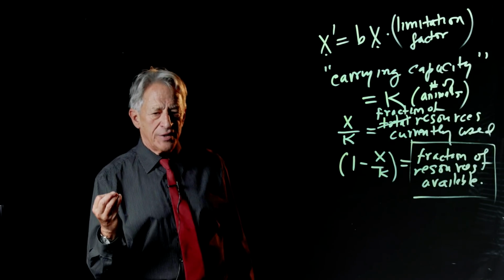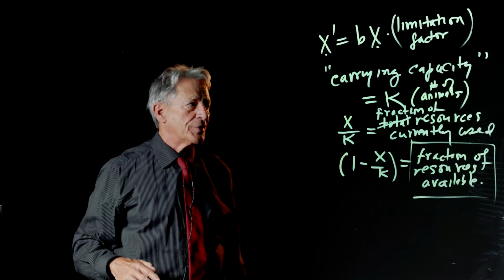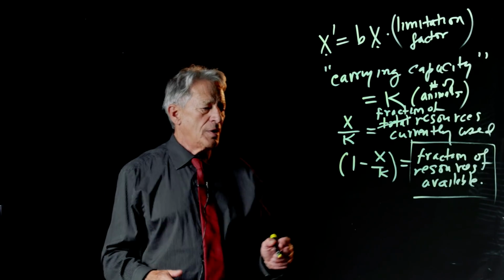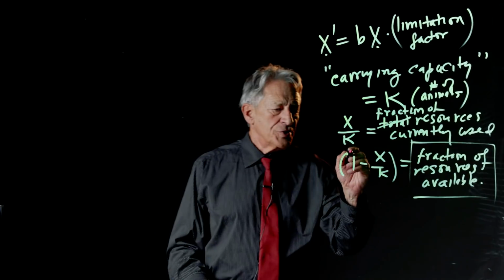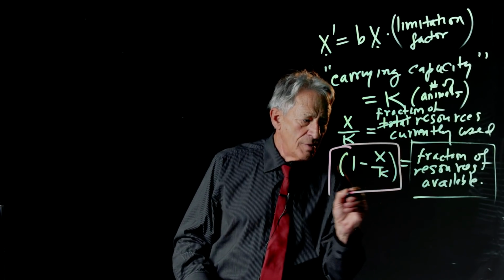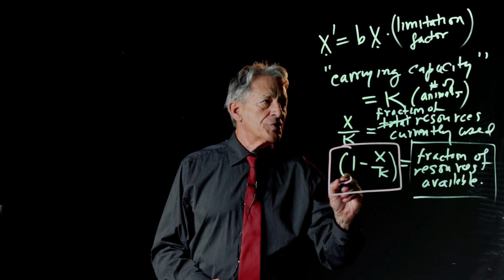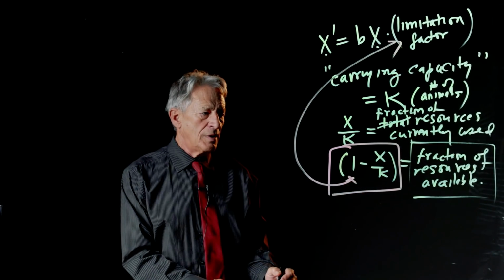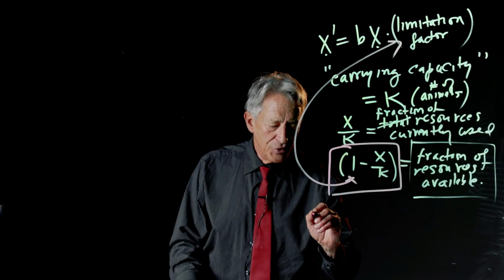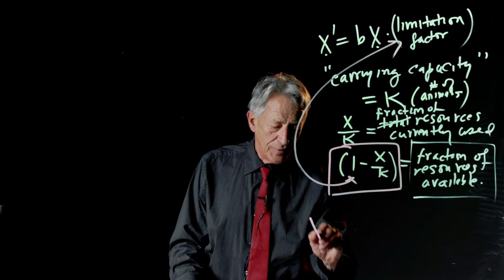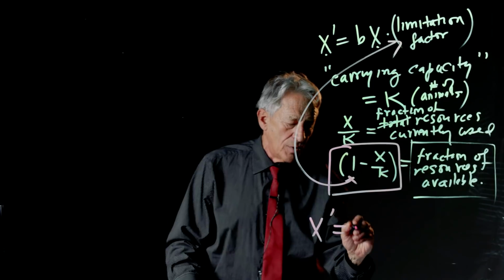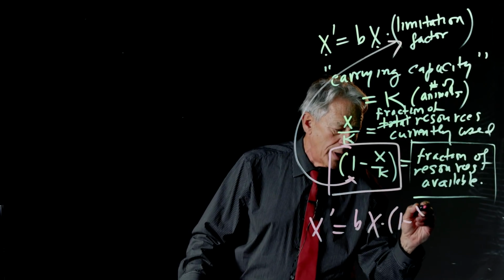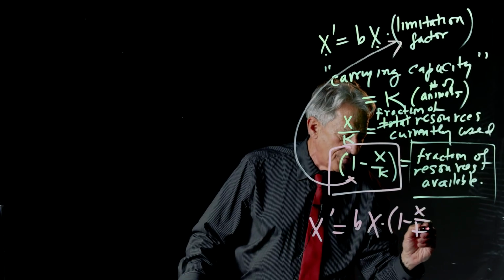The smaller that is, the smaller the growth rate is going to be, and the limitation factor is going to have a low value. And so now we are just going to take this, the fraction of resources, and that is going to be our limitation factor. And consequently, the new differential equation expressing the limitation factor is now going to be x prime equals bx times 1 minus x over k.